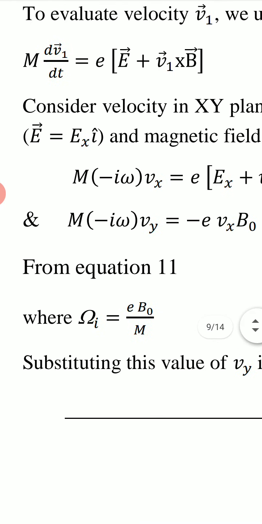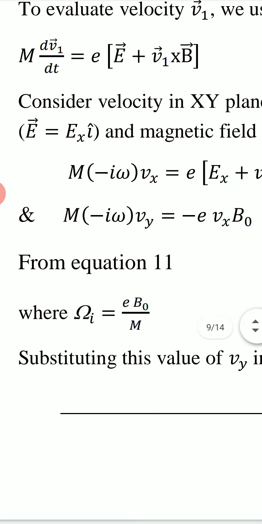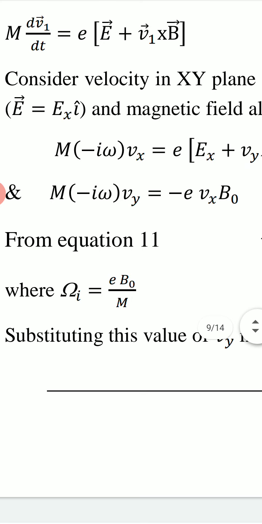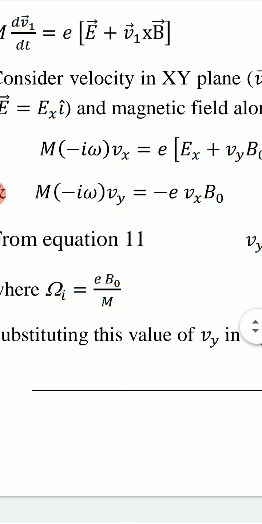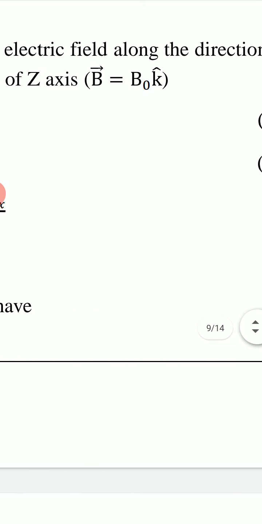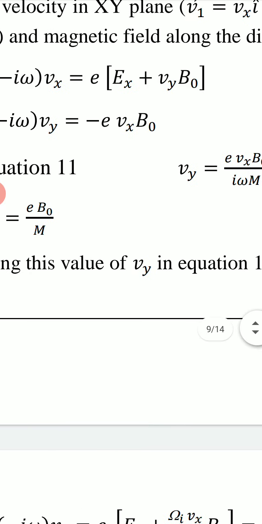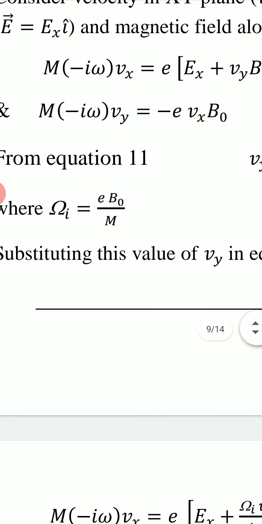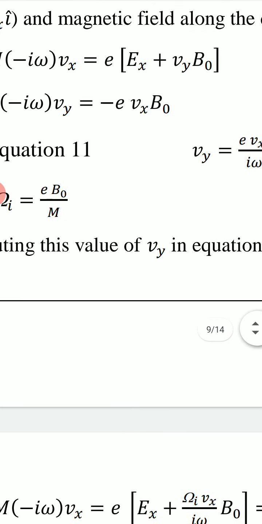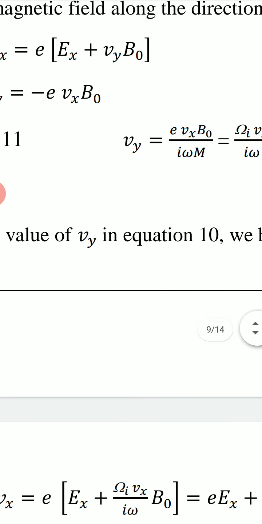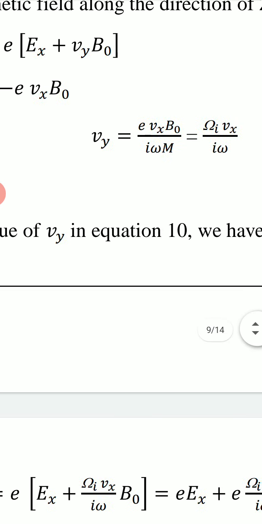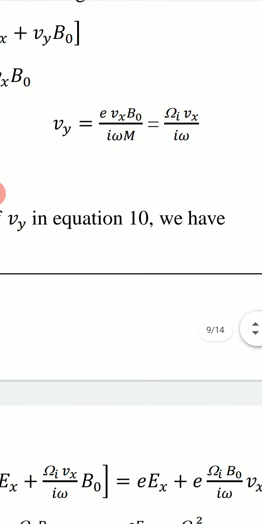In this way, the equation of motion for ions is converted into its x and y components. We write these two equations as equations 10 and 11. Now from equation 11, we find the value of Vy, that is e Vx B0 upon i omega m, and now we write e B0 upon m as omega i.